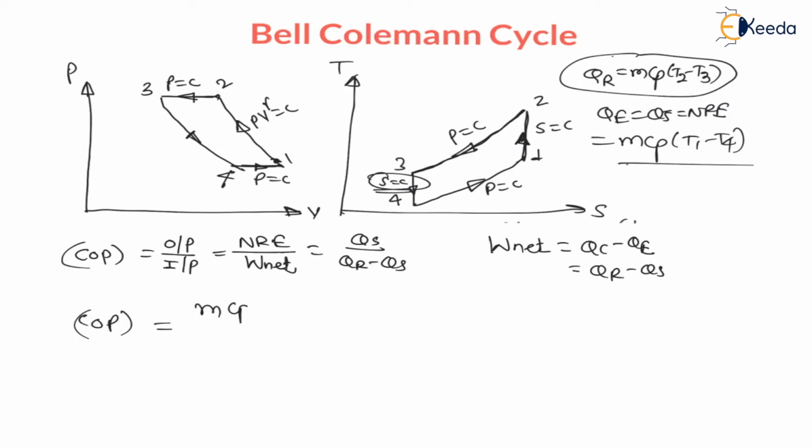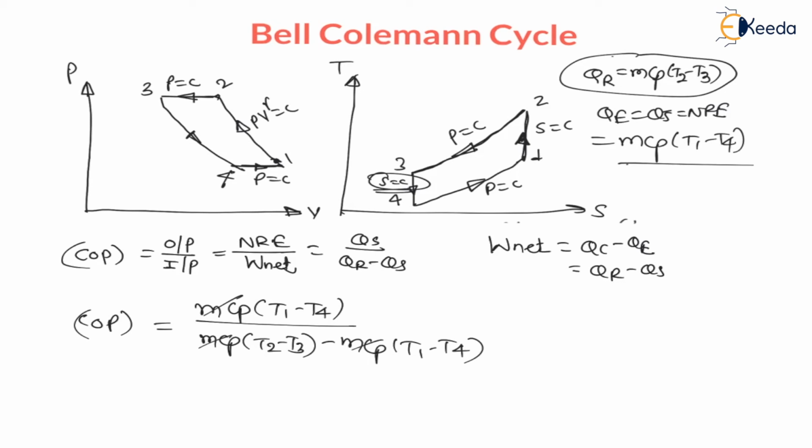So again, for this COP of cycle, heat supplied is nothing but heat of evaporator, which is mCp (T1 minus T4), divided by heat rejected, which is mCp (T2 minus T3), minus heat supplied, which is mCp (T1 minus T4). So here mCp will get cancelled. Therefore, COP of refrigerator becomes (T1 minus T4) divided by (T2 minus T3 minus T1 minus T4).